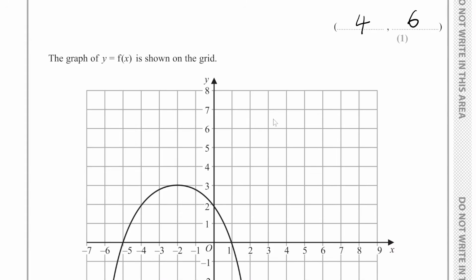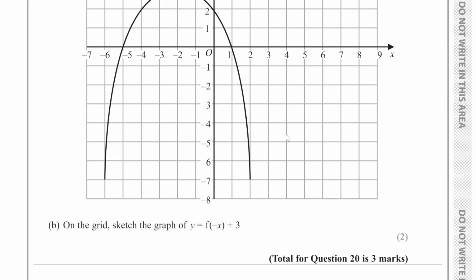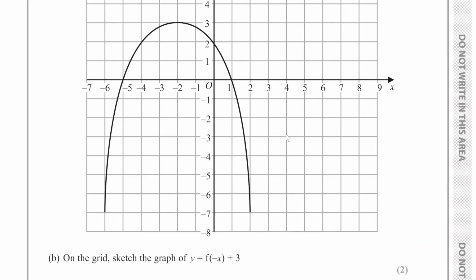The graph of y equals f of x is shown on the grid. On the grid, sketch the graph of y equals f of -x plus 3. So we've got 2 things to change here, 2 transformations. So f of -x means all the positive x's become negative. All the negative x's become positive. So if it was just y equals f of minus x, a -2 would become a +2.